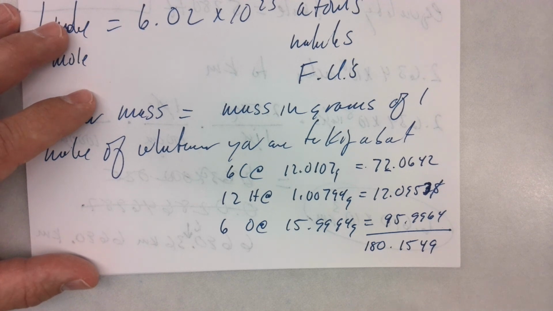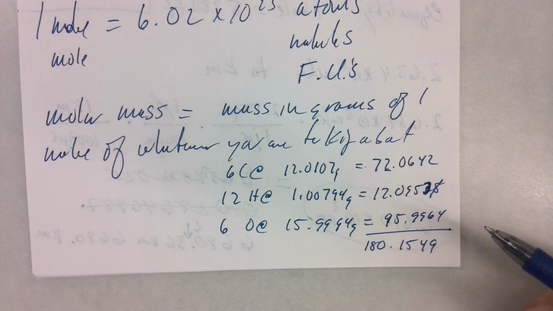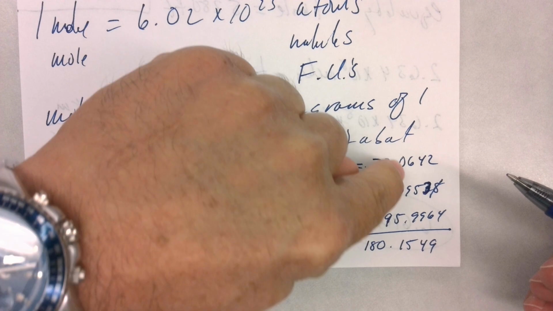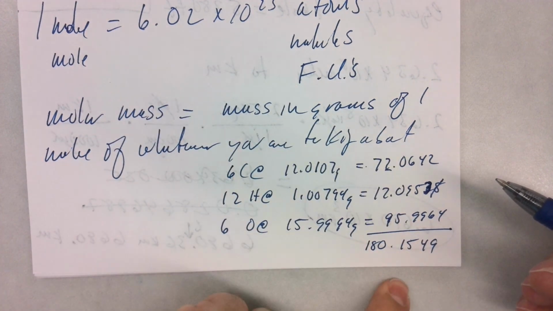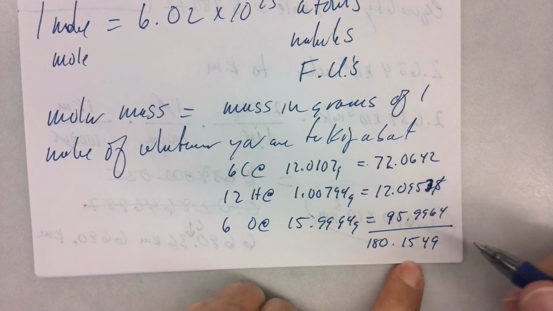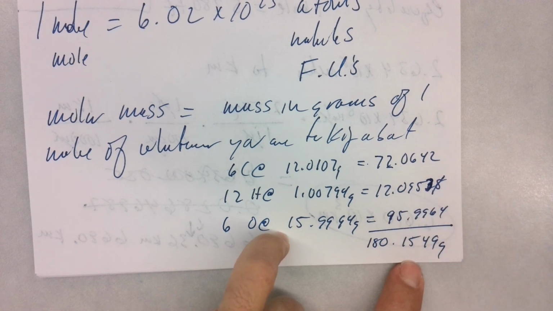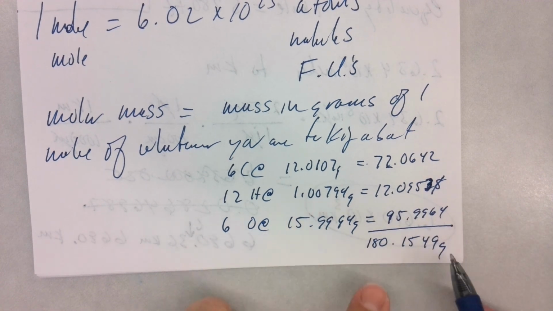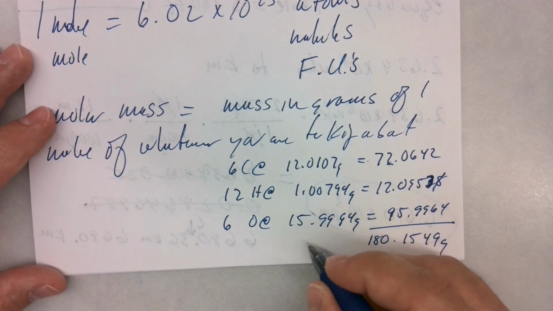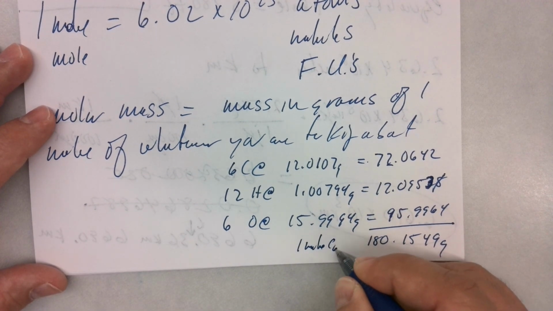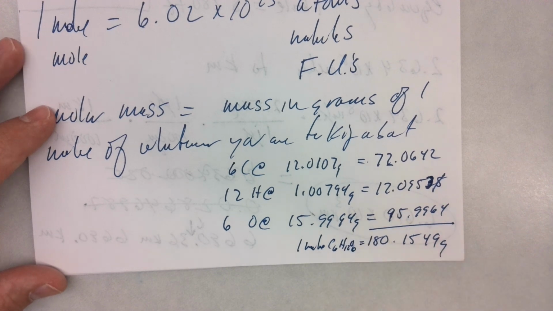Is she right? Okay, so let's look at it now. So each number is right, exactly, because now I am doing a different process, right? Now I'm adding. Each one of these has 4 digits to the right of the decimal. My answer can have 4 digits to the right of the decimal, and that would be in units of grams, right? Now this right here is what 1 mole of C6H12O6 equals.